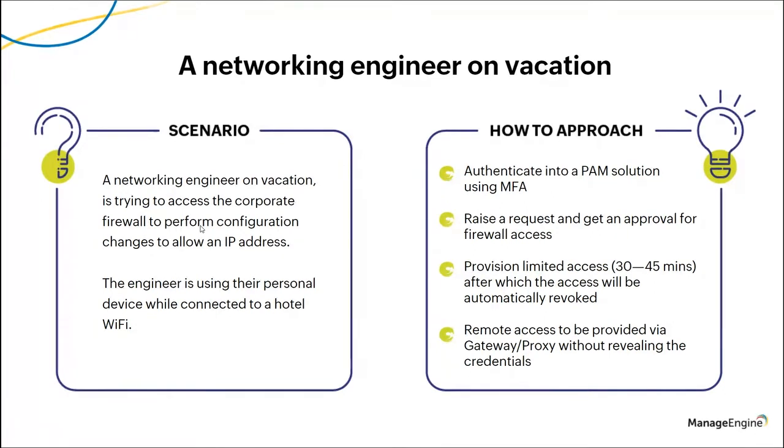So basically, PAM connects to the firewall and tunnels the connection to the network engineer sitting at the hotel, right? So without compromising corporate security, you are able to give them access, and on a controlled time frame, and that is the first scenario.